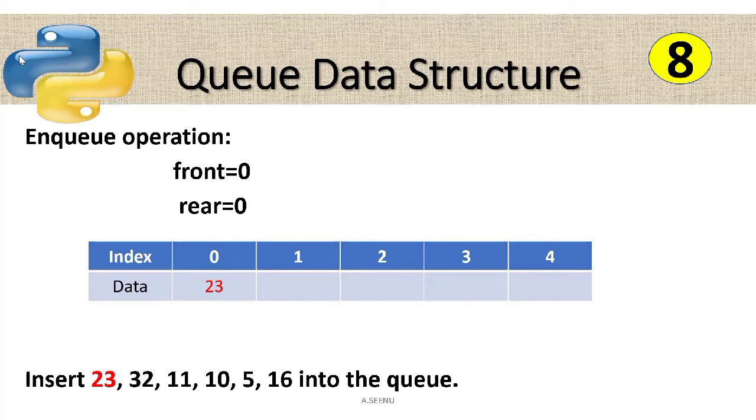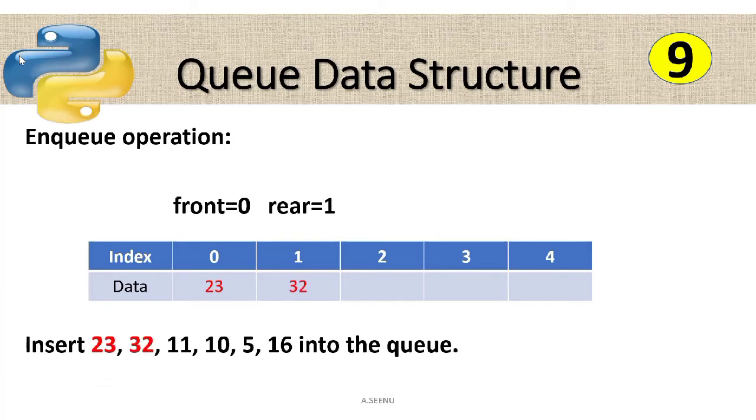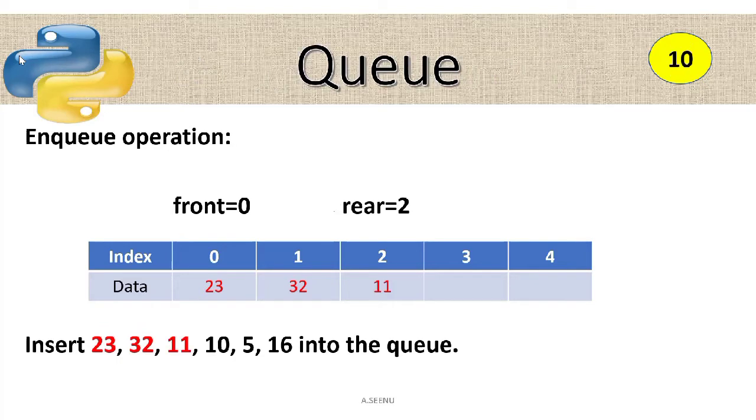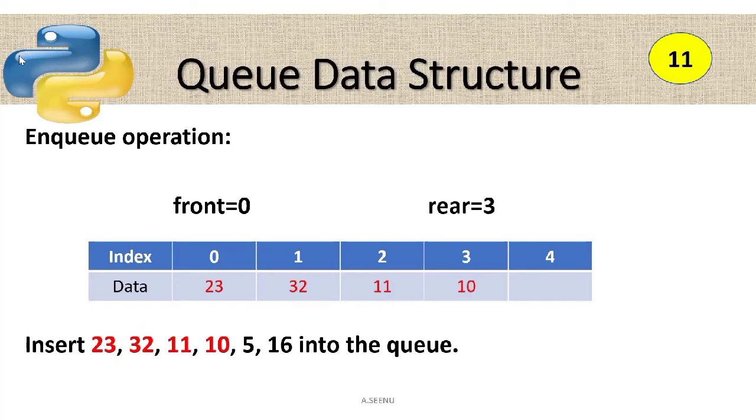Rear is 0, so 32 enters index 1 and rear becomes 1. Front will be fixed at 0 and rear will increment with each value you insert. Next 11 enters, rear becomes 2. Next 10 enters, rear becomes 3, and 5 enters, and 4 will be your rear. That's how you insert values into the queue.